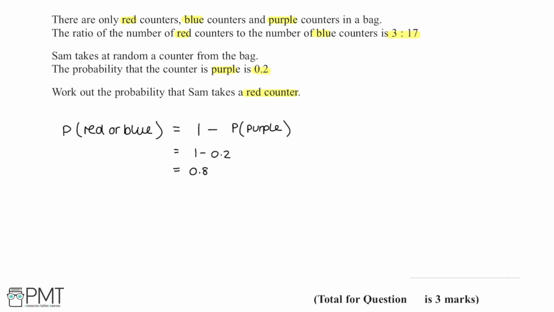And then we can go on to use this when we link back to the ratio. So if we have the ratio of red to blue, if I just write this out again, which is 3 to 17, we can work out the probability of, within this ratio, the counter being red.